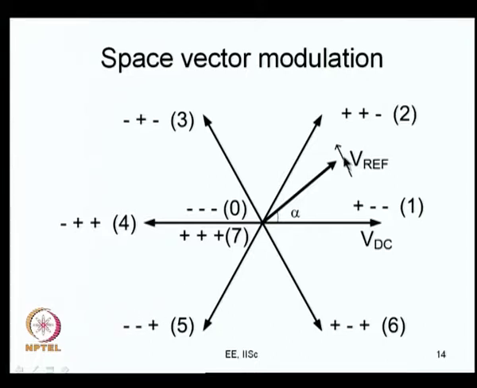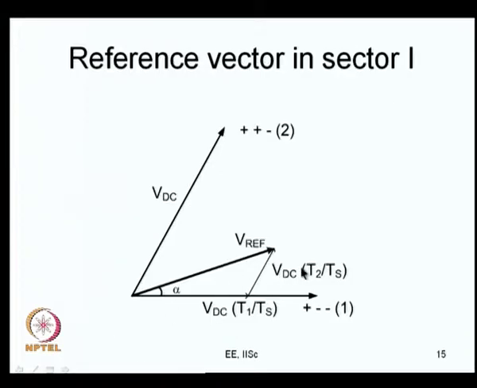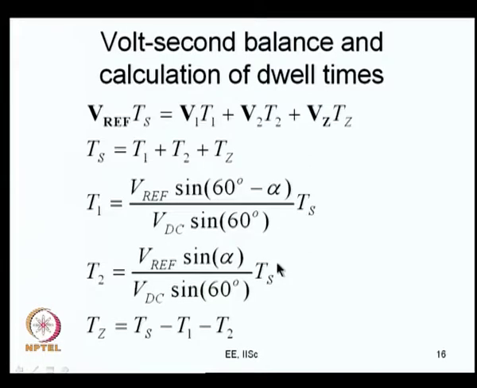This is sampled once every subcycle Ts, and within that you do a time averaging. You apply the active vector 1 for T1 seconds and active vector 2 for T2 seconds, and you apply the null vector for the remaining time, and you produce this quantity now.